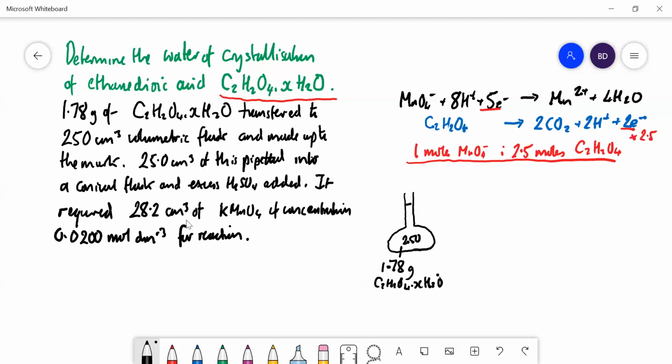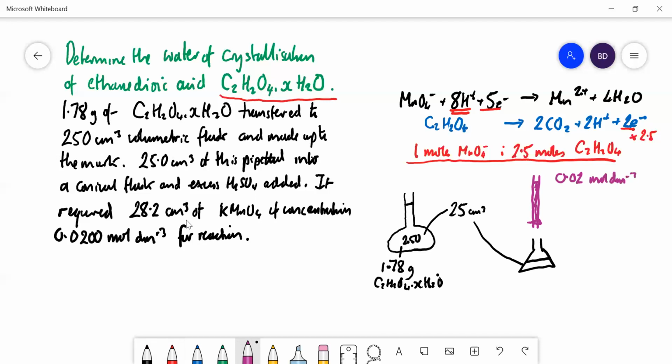As usual, that's made up to 250, we took 1/10 of that, 25 centimeters cubed out, put it into a conical flask, acidified it with sulfuric acid. Of course, we need the sulfuric acid to provide these protons, and then titrated against manganate. So we had manganate in the burette. The concentration of the manganate was 0.02 moles per decimeter cubed, and we needed 28.2 of that to react.